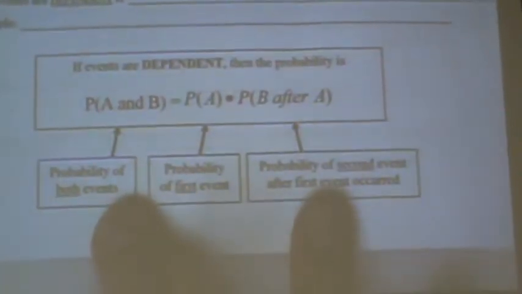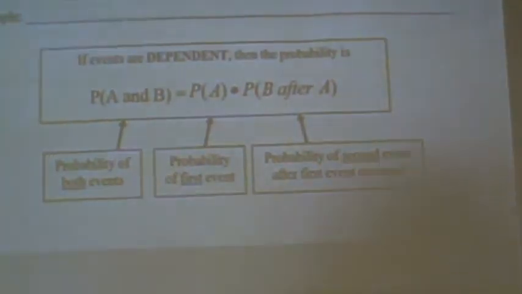Now, our events could also be dependent. So this means that one event will affect the second event.